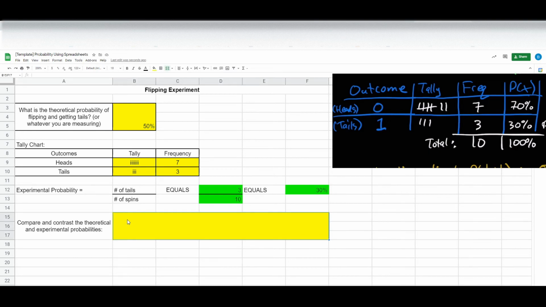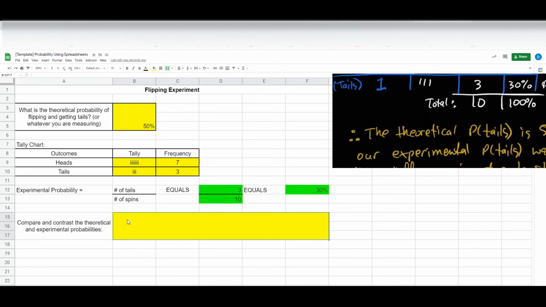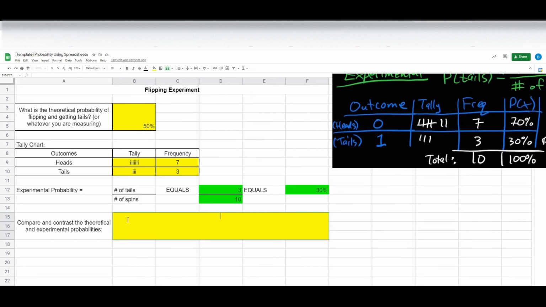And then in the written portion here, I want to compare and contrast the theoretical and experimental probabilities. And then I would just describe what I described down here already. So I would say, theoretical was 50%, but experimental was 30%. This is okay.